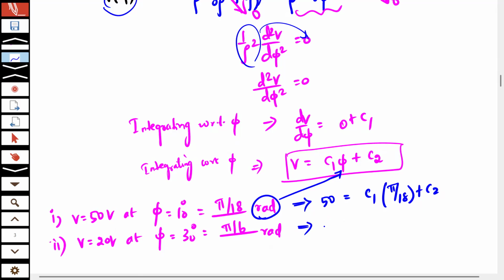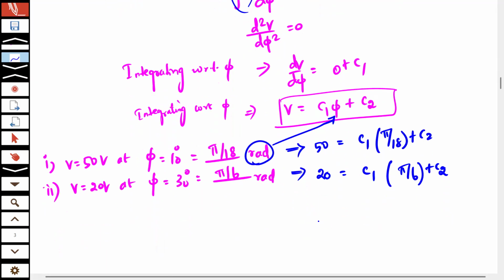For the second boundary condition, 20 equals c1 into pi by 6 plus c2. Now by solving these two equations, we will get the constants c1 and c2. So I'm leaving that solution for your exercise. I'll give the constants c1 and c2. You can pause the video and find the answer and verify it.